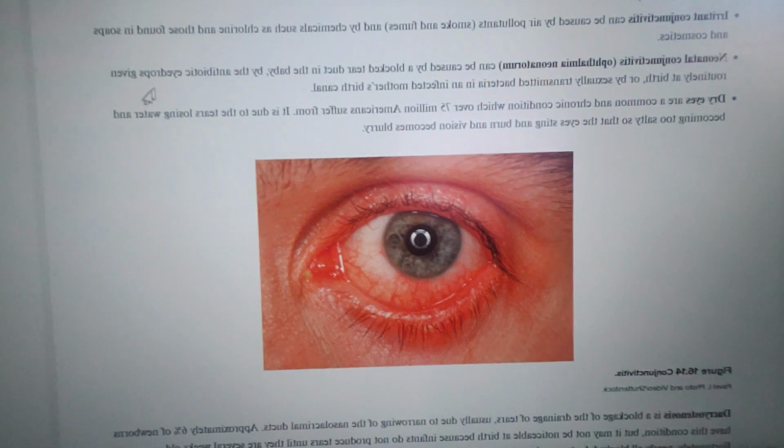Conjunctivitis has several causes. Viral and bacterial conjunctivitis are contagious. Viral conjunctivitis. This looks horrible. Viral is commonly caused by viruses that cause the common cold. Bacterial is frequently due to staphylococcal or streptococcal bacteria.